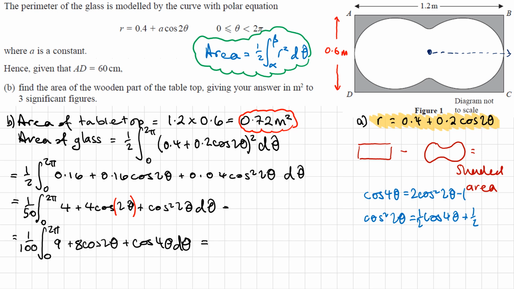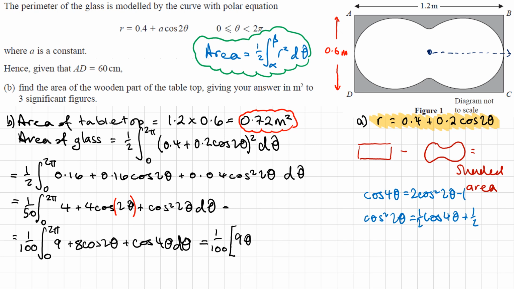So 1 over 100. The 9 will become 9 theta. The 8 cos 2 theta, well, if we use the reverse chain rule for this, cos will become sine integrated, then I divide by this differentiated, so I need to divide this by 2.